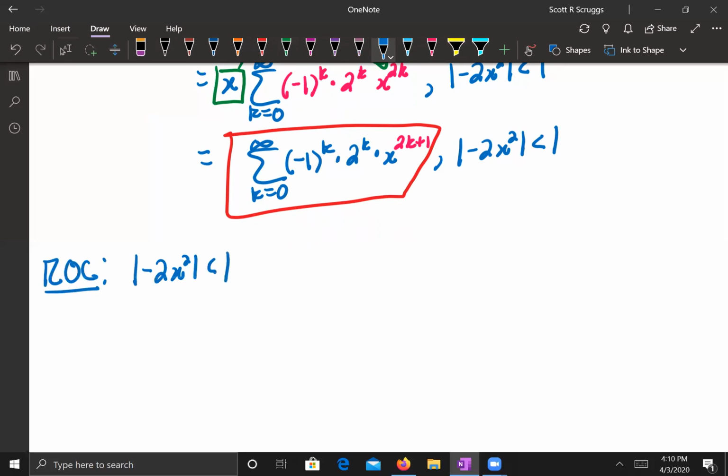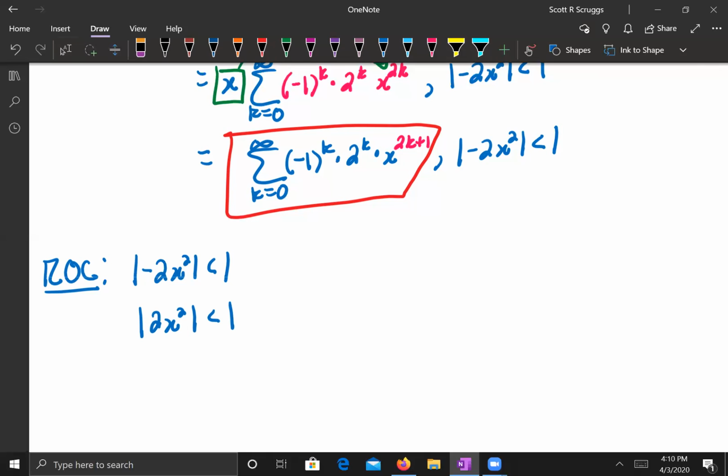I know right off the bat, because I used my formula for the power series of 1 over 1 minus x, that because I'm inside an absolute value and I have a negative sign, that negative sign is going to go away. So I'm now left with the absolute value of 2x squared less than 1.